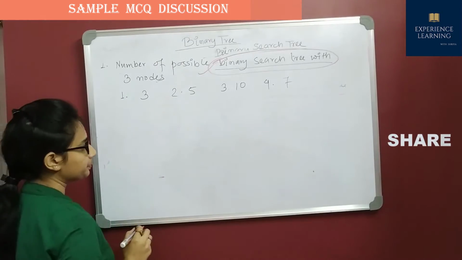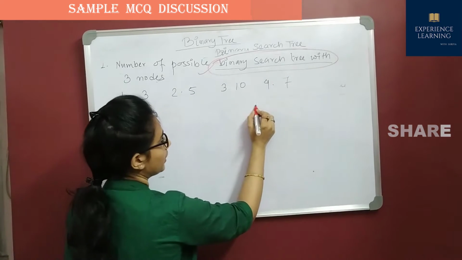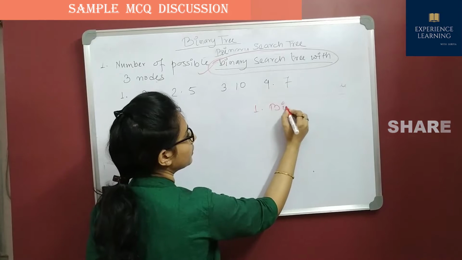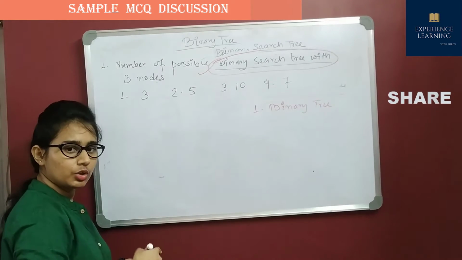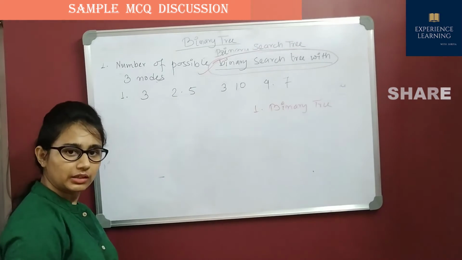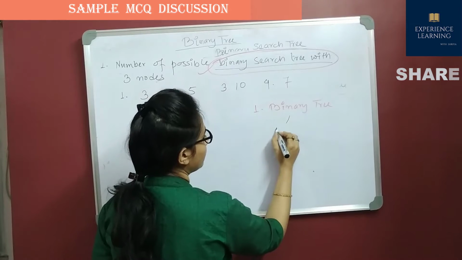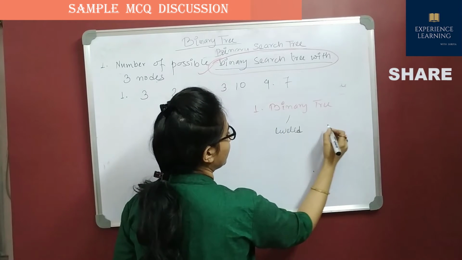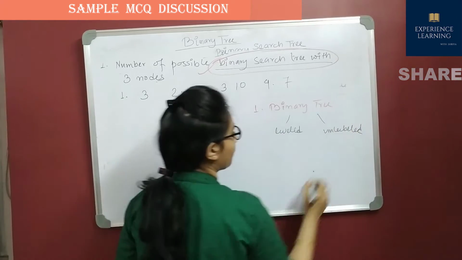Say I have 3 nodes, and first consider the binary tree, and we will get 2 types of binary tree. One is labeled, and number 2 is unlabeled.